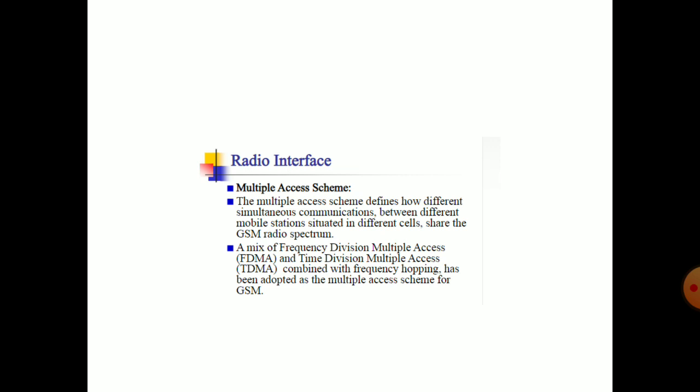A mix of frequency division multiple access and time division multiple access, combined with frequency hopping, has been adopted as the multiple access scheme for the GSM network. GSM adopts both FDMA and TDMA, combined with frequency hopping.